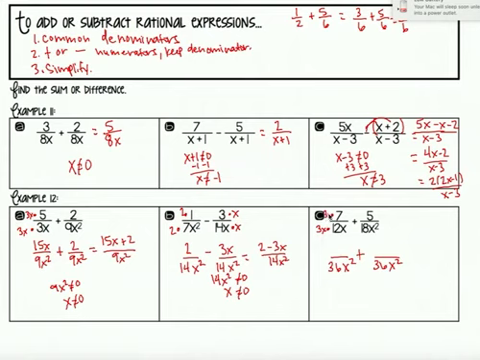And if I do it to the bottom, I also do it to the top. And if this one went from 18x squared to 36x squared, I would need to multiply the top and the bottom both by 2. So that would make 10 on the top. So then when I add them together, it would give me 21x plus 10 over 36x squared. My denominator cannot equal 0, and so that means x cannot equal 0.